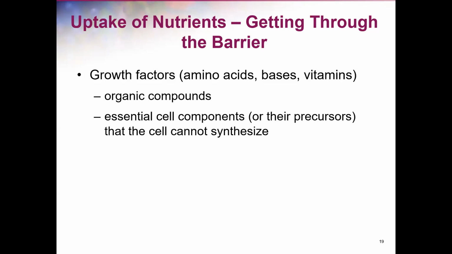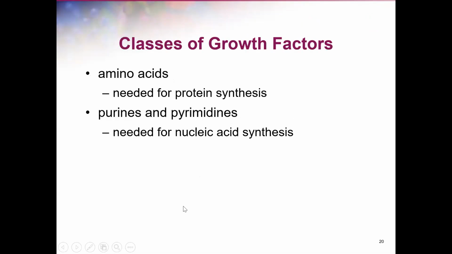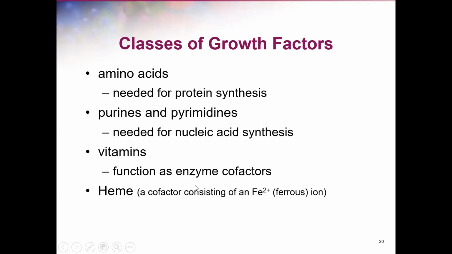They need growth factors because they cannot synthesize them, like amino acids, vitamins, and bases. To give more details, there are some amino acids bacteria cannot synthesize, and purines and pyrimidines, which are for nucleic acid, DNA and RNA synthesis. Vitamins, hemes. Again, you can see iron is very important. It is the same for microbes.